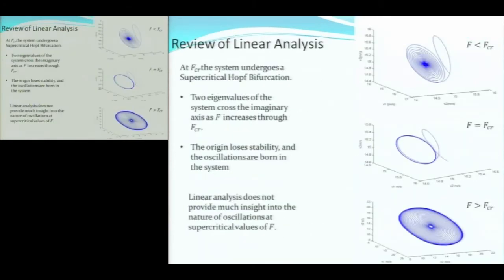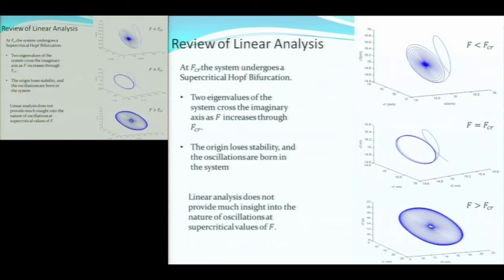This particular stability switch is called the supercritical Hopf bifurcation. In this bifurcation, at first, when f is below the critical value, the equilibrium is stable. But as we increase f through the critical value, it becomes unstable and large amplitude oscillations occur. This can be readily shown in the graphs on the right, which are 3D phase plots of the velocities of the cars.